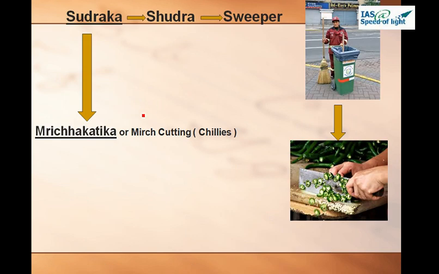Another writer, Shudraka. From Shudraka we get Shudra, and Shudra are the sweepers, whom in normal language we call Shudra. The book that Shudraka wrote was Mricchakatika. For Mricchakatika, we cannot have any image, but if we use a bit of our imagination, we make it Mirch Katika, meaning mirch cutting, or chilies.